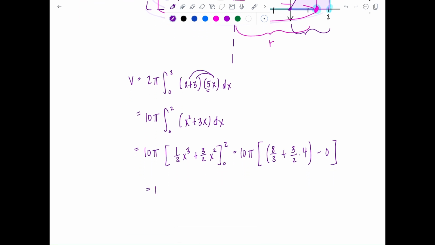So what is that? 10 pi times 8/3 plus 3/2 times 4, that's 6. 6 is 18/3. So 8 plus 18, that's going to be 26/3 times 10 pi, 260 pi over 3.